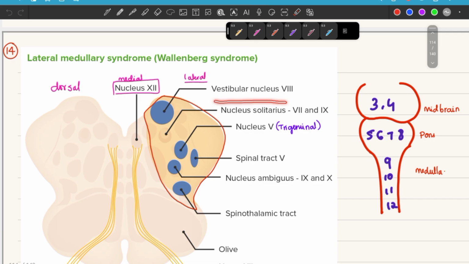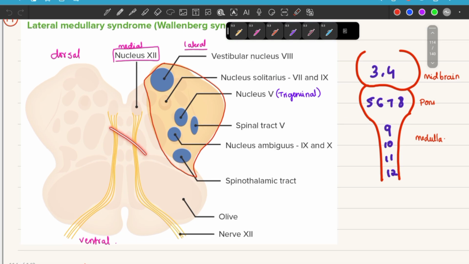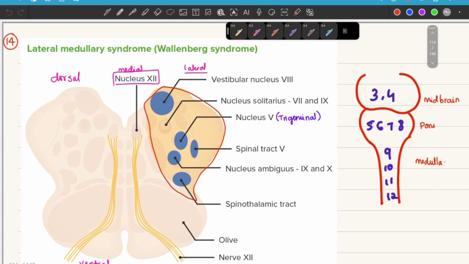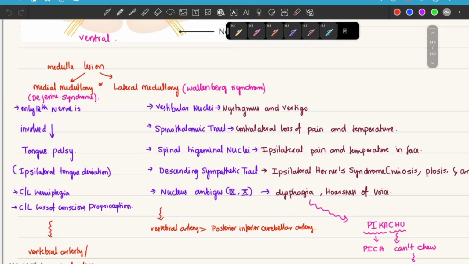If there is a medulla lesion, if it is the medial side, then medial medullary syndrome. If it is the lateral side, lateral medullary syndrome. If medial medullary syndrome, the most commonly injured nerve is the 12th nerve, medial side, isn't it? So if the 12th nerve comes in the question, that means medial medullary syndrome.